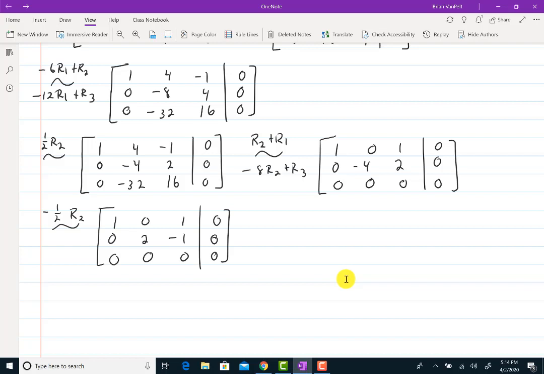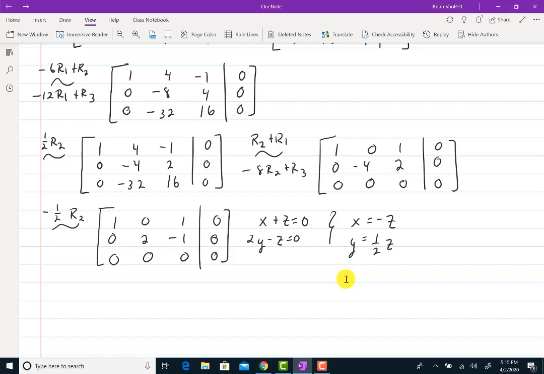If I change to equations, I get 2y minus z equals 0. Z is the free variable, clearly. So let me change these. X will equal -z, and y will equal 1/2 z.